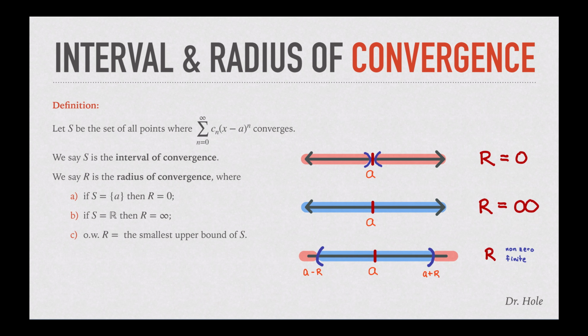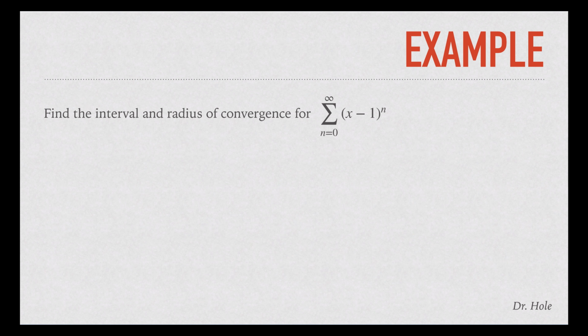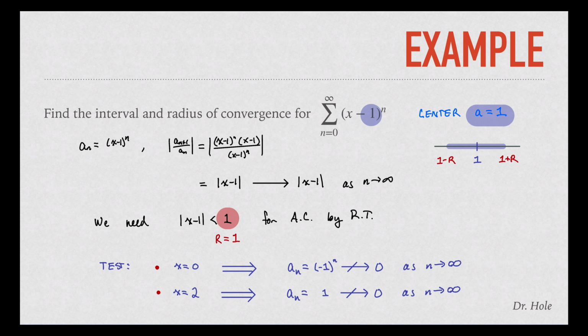Excellent. Let's do some examples of this application. Here we have a power series. Note that the center is a equaling 1. We want to find the interval and radius of convergence.